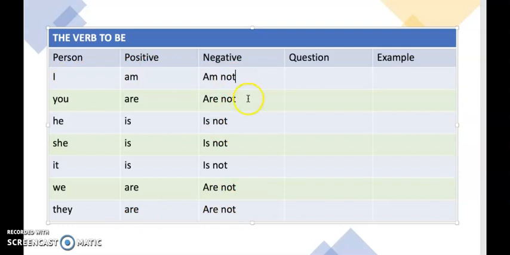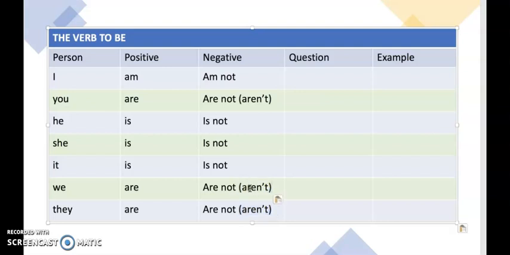Now with these, you can always make them a little bit smaller. You are not, we shorten in English, you aren't. And again, we can use that here. You are not, you aren't, they are not, they aren't.